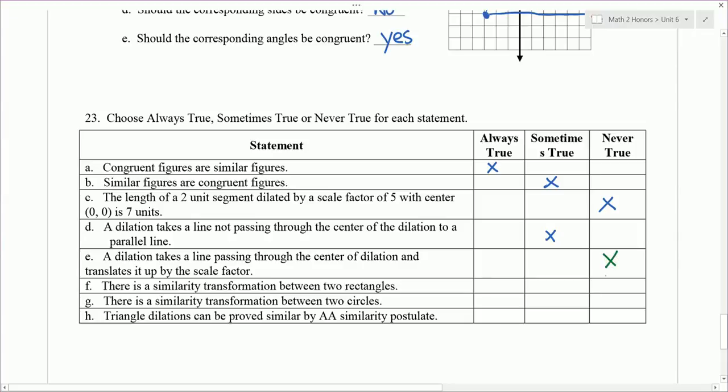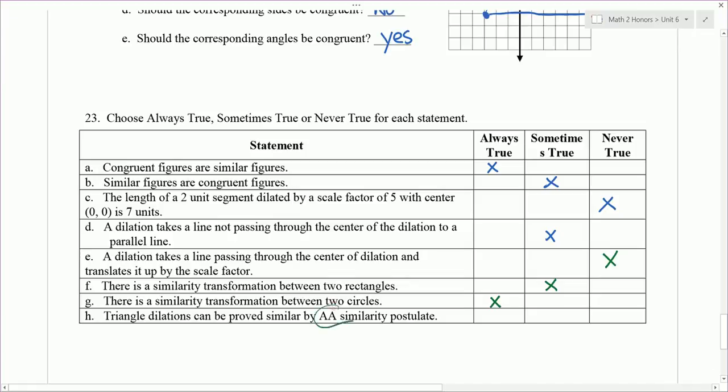There is a similarity transformation between two rectangles. That's not always true because you don't have to have proportional rectangles. You can, though. You don't have to, so we'll say sometimes true. There is a similarity transformation between two circles. That's true for all circles because all circles are proportional. Triangle dilations can be proved similar by AA similarity postulate. And that's true.